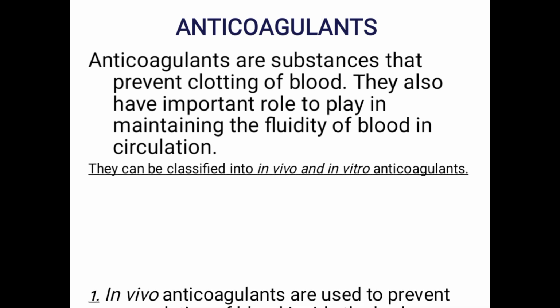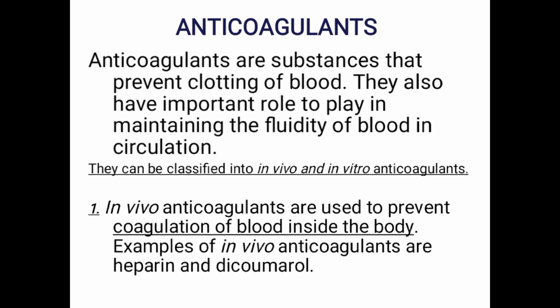So in vivo means these prevent the coagulation of blood inside the body. Okay, in vivo anticoagulants are used to prevent coagulation of blood inside the body. Okay, for example, heparin and dicumarol.